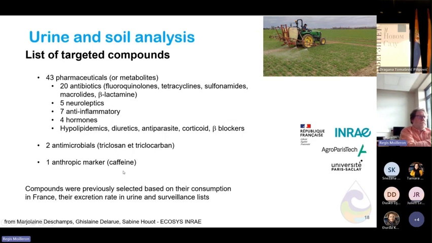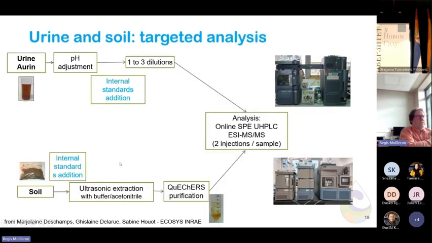And they mostly use a similar method to ours with a QuEChERS extraction for soil samples, for solid samples, but they don't use an SPE like us with cartridges. They use online SPE, so it's just some cartridge in front of the instrument.